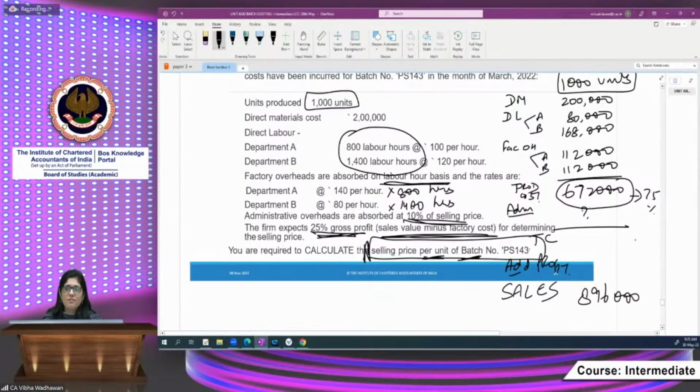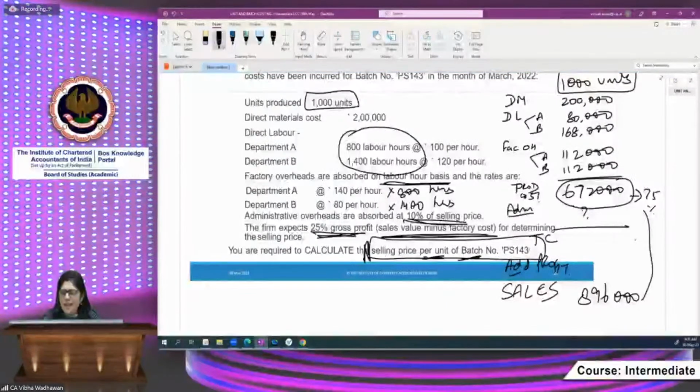Students, it's very, very important. The highlight of this question is we have the production cost, and they have given us the gross profit. 25% is gross profit. Gross profit is sales minus factory cost, so the factory cost or production cost is 75%, because gross profit is 25% and 100% has to be sales.